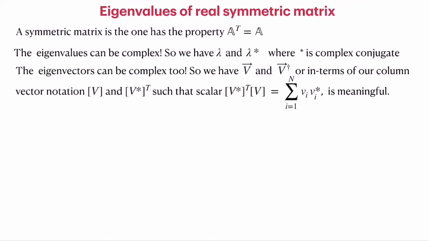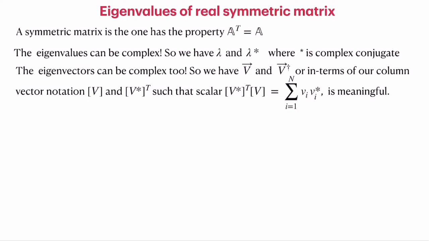Then simply taking the complex conjugate will not work, because when not properly handled, you would not get the dot product as a positive real number. So we have to do what is known as the Hermitian conjugate, which is very commonly done for matrices with complex elements. So we have a V and a V dagger.